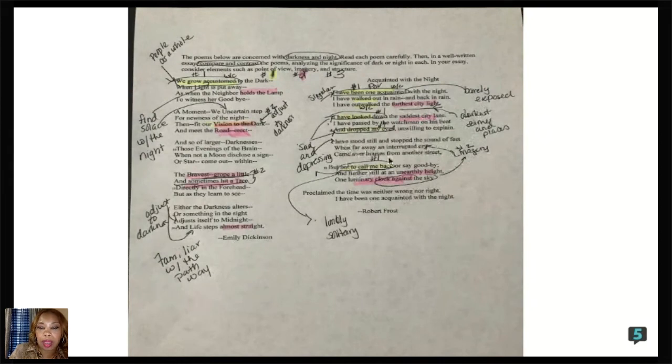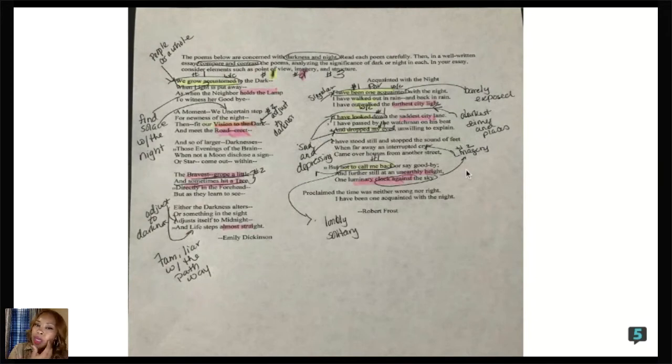And I see with some stanzas, you may have devices that actually overlap. So sad and depressing, we know that this supports our point of view, but if we look in the same stanza, stopped, the sound of feet, if you think about it, someone who's walking down maybe a dark street or someone who's in an unfamiliar place, you hear that sound louder and louder.